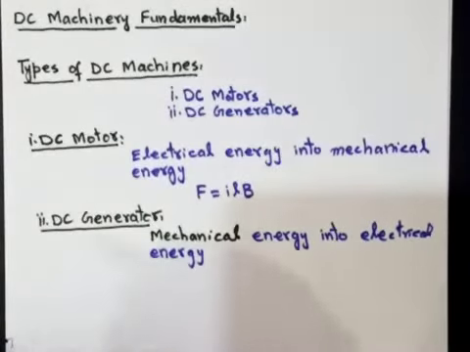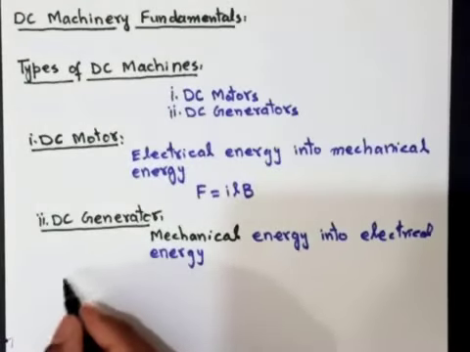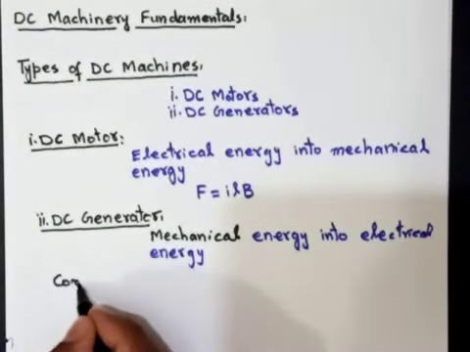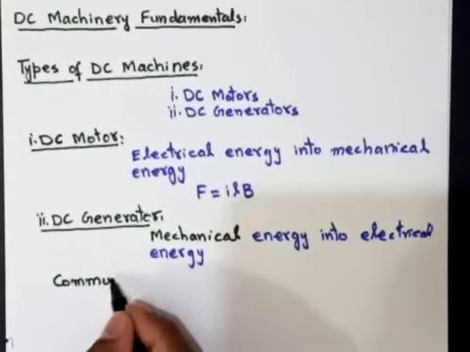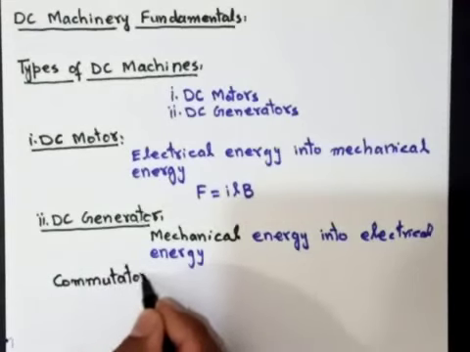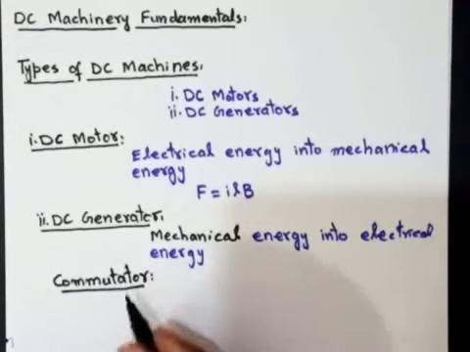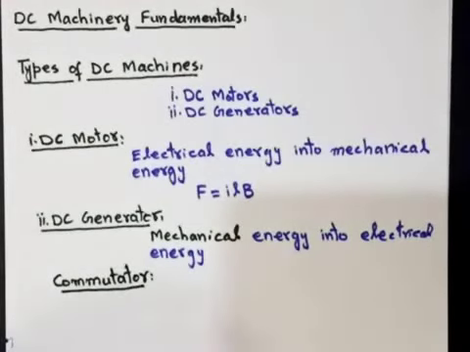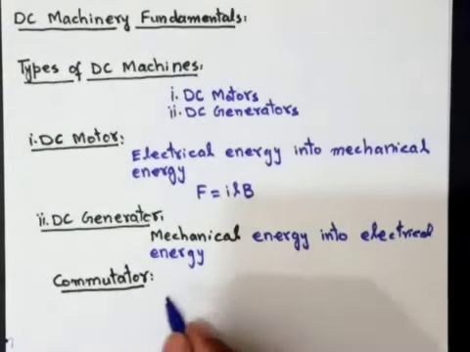This mechanism is called a commutator. A commutator is a mechanism which is used in DC machines that converts the internal AC voltages into DC voltages.